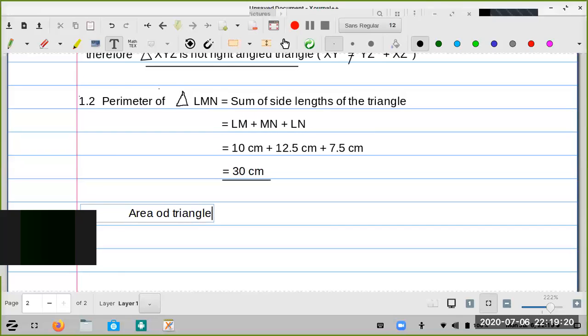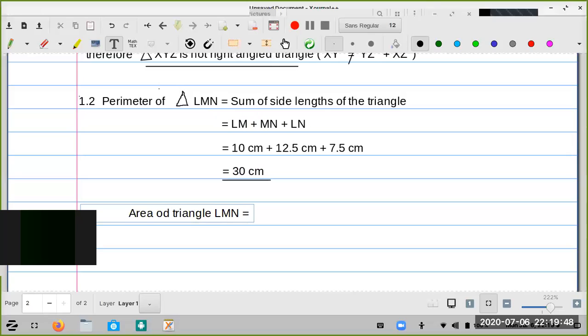Unfortunately, I don't have the symbol for a triangle in the program that I'm using, so it may take me a long time to keep on switching. Right, area of triangle LMN.